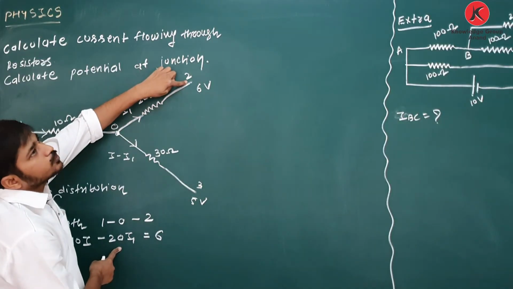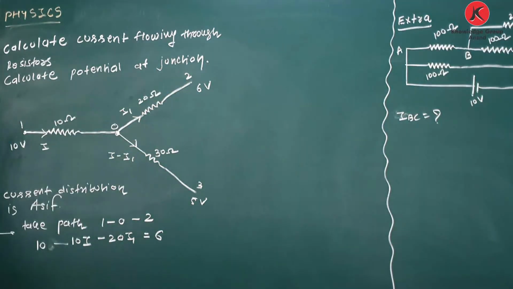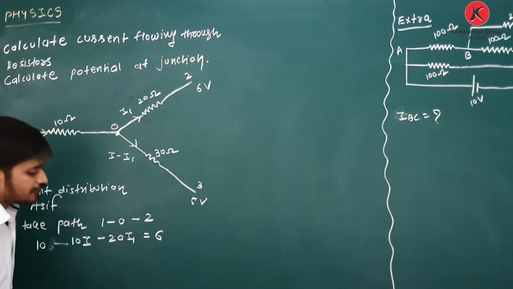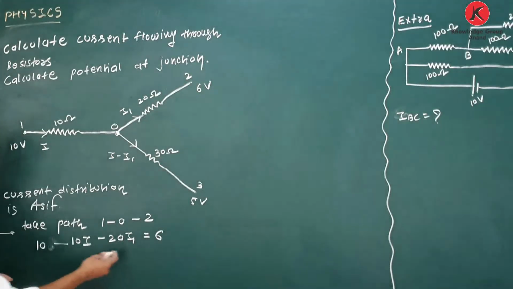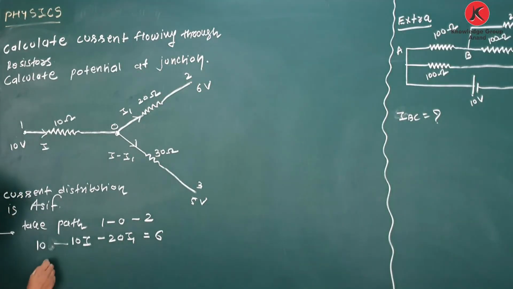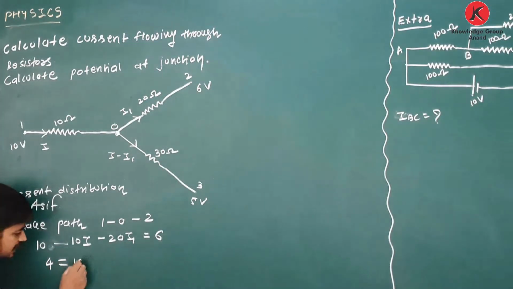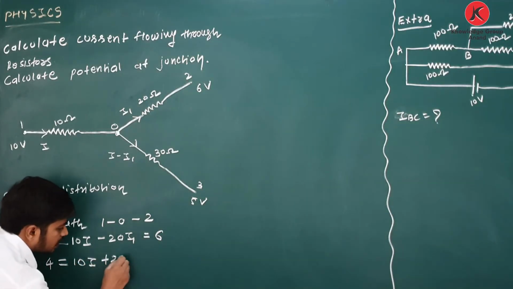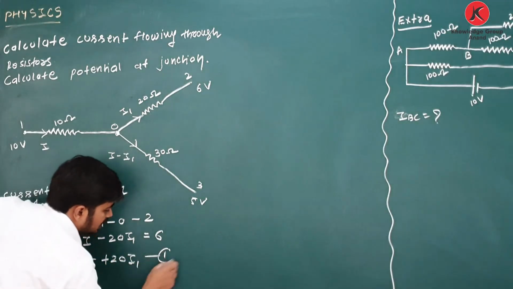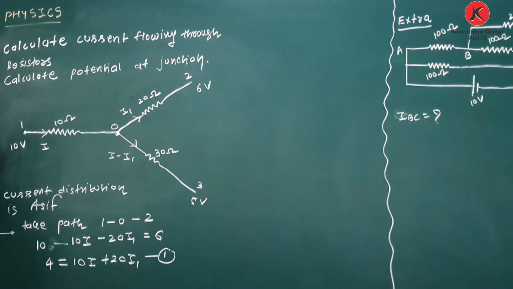Finally, we have reached this point, so it is equal to 6. How to simplify this? 10 minus 6 is 4, equal to 10I plus 20I1. This is equation number 1.